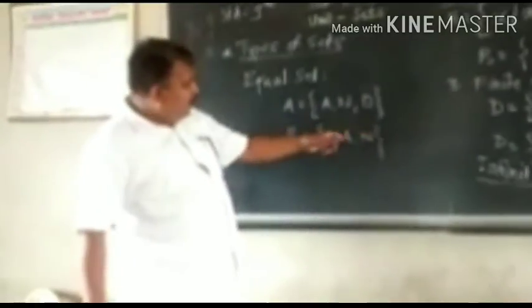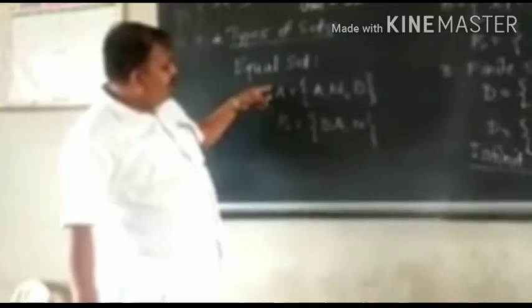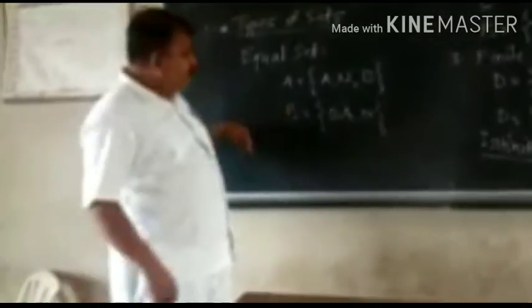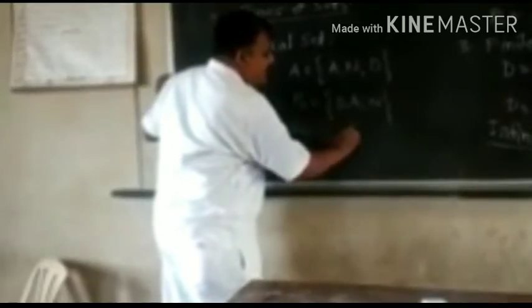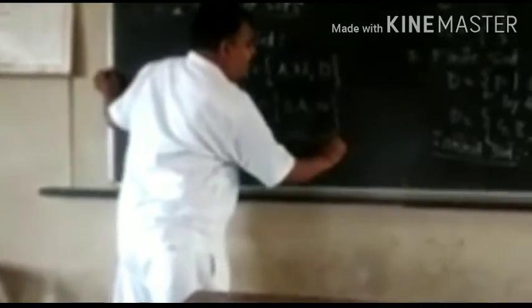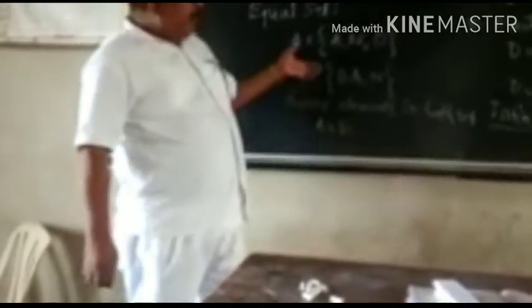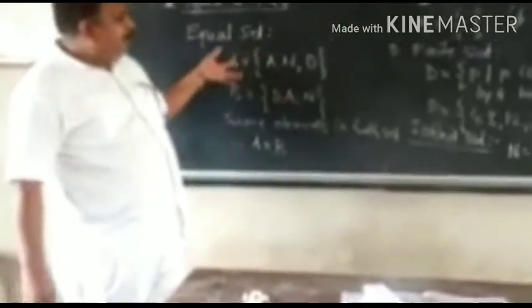If we look at the elements in set A and the elements in set B, then we find that there are the same elements in both sets. Therefore, set A equal to set B. We can consider a number of examples regarding this equal set.